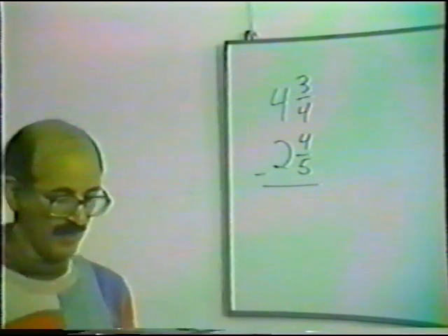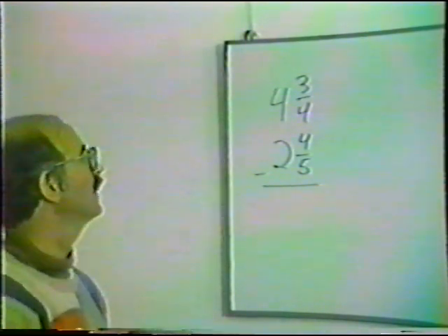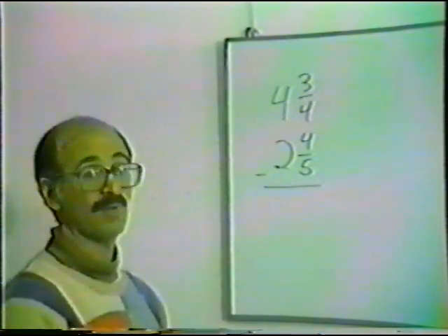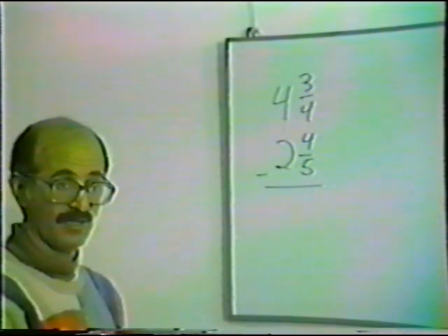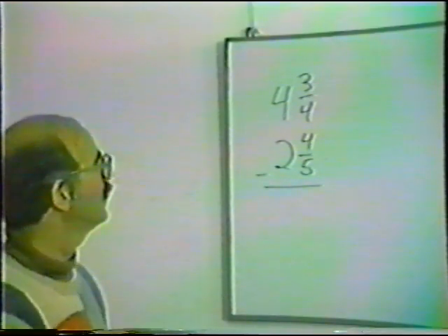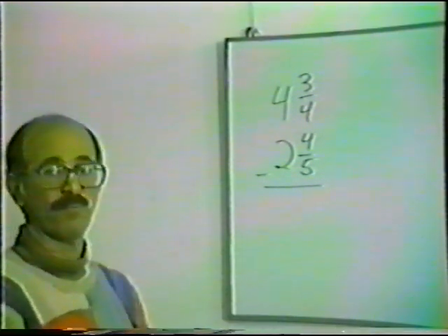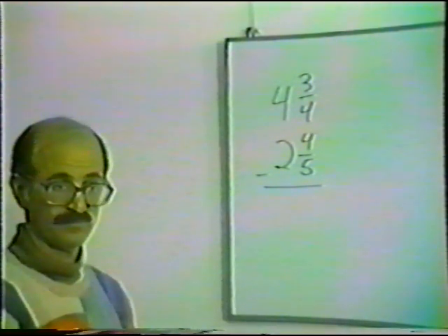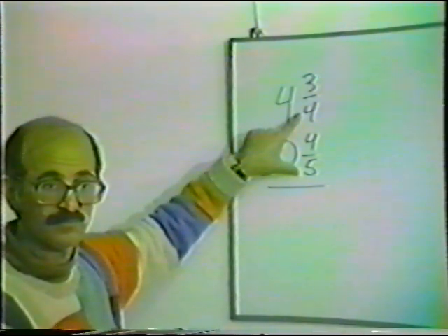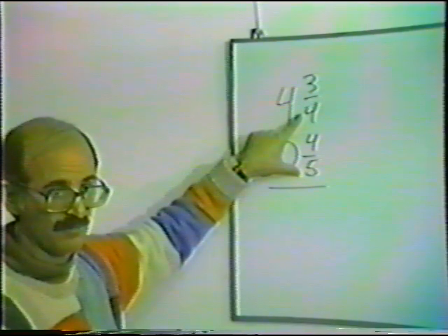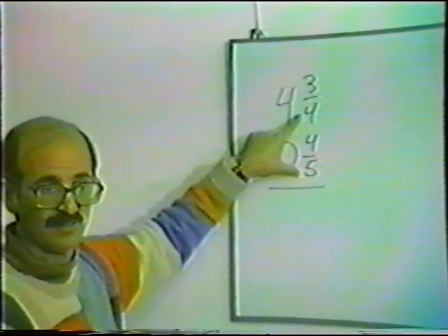4 and 3/4 take away 2 and 4/5. Like or unlike? Unlike. Which is the larger bottom number? 5. Is 5 good for 4? No. 5 times 2 is 10.